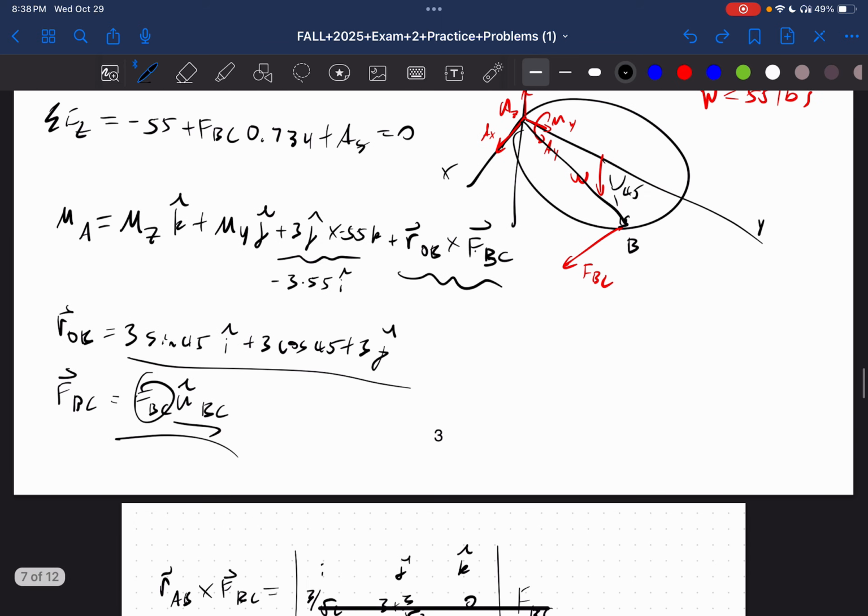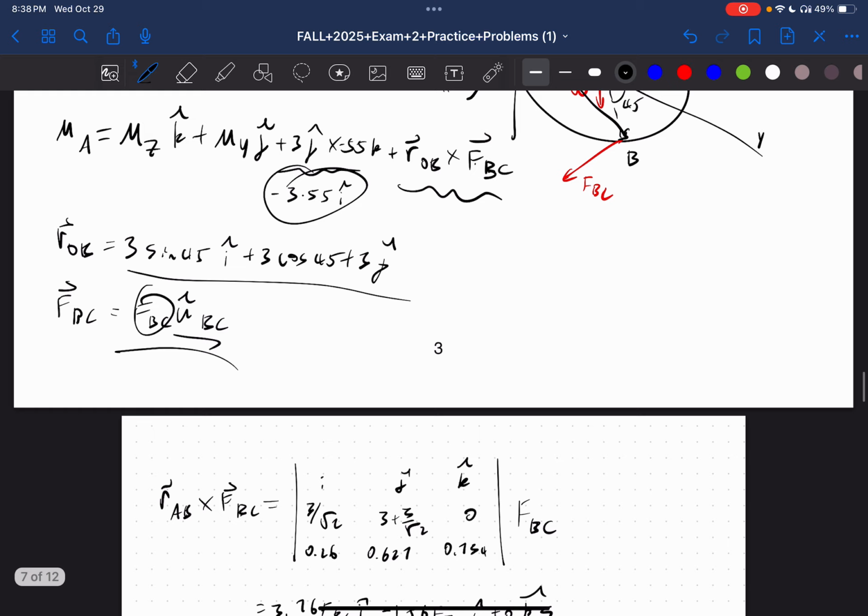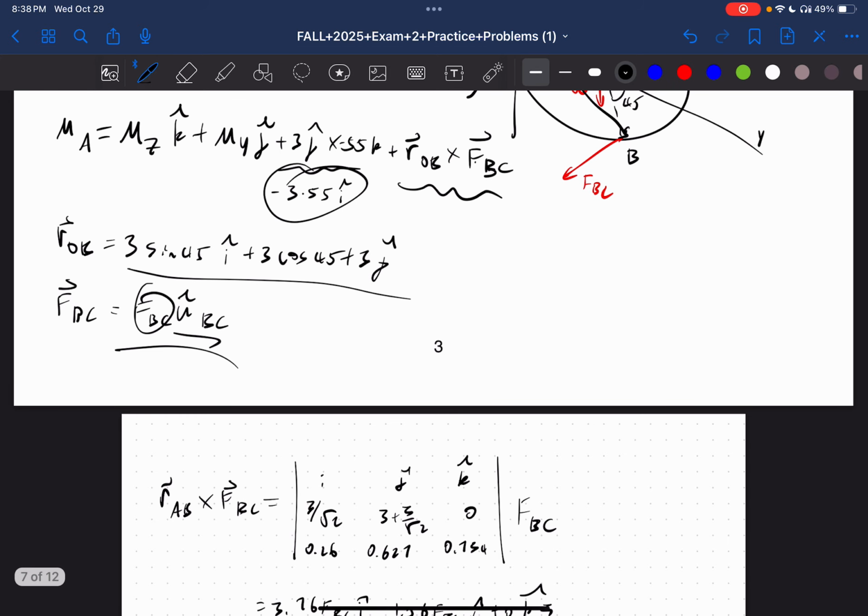Wait, no, what am I doing? In the I direction, we have 1. That's it. Is that even right? It doesn't even look right.